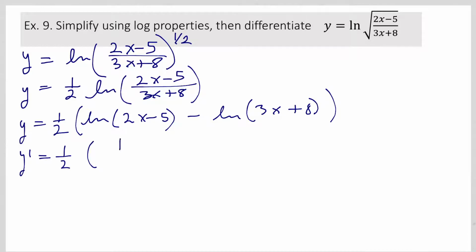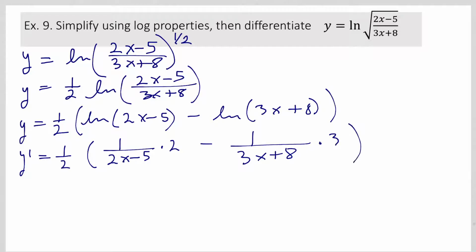So this is 1 over times the derivative of 2x minus 5. This is 1 over times the derivative of 3x plus 8. Right now I just clean it up a little bit. So that's 2 over.